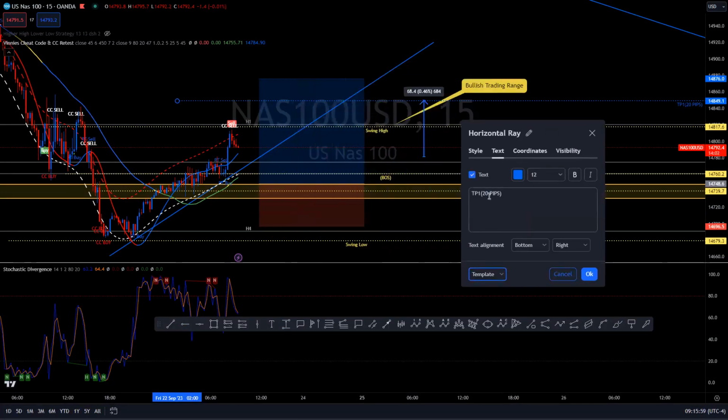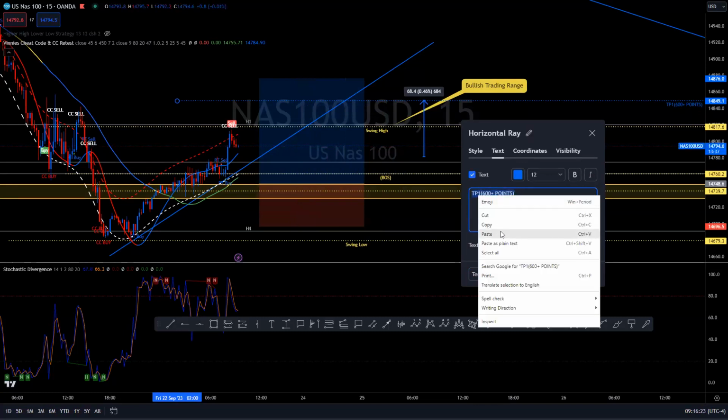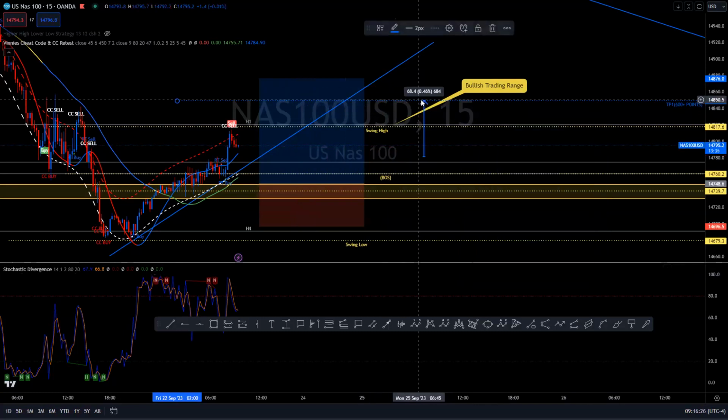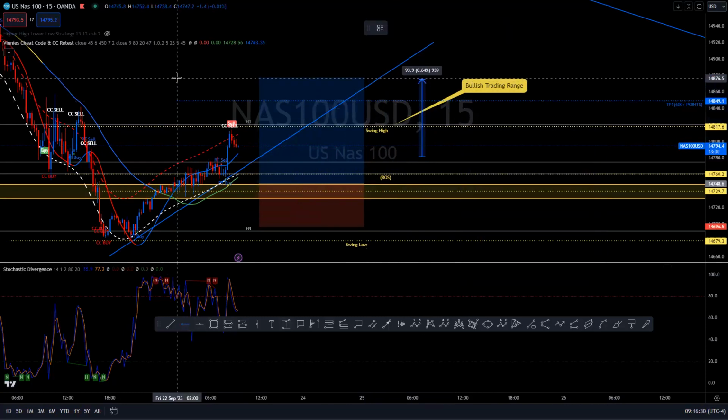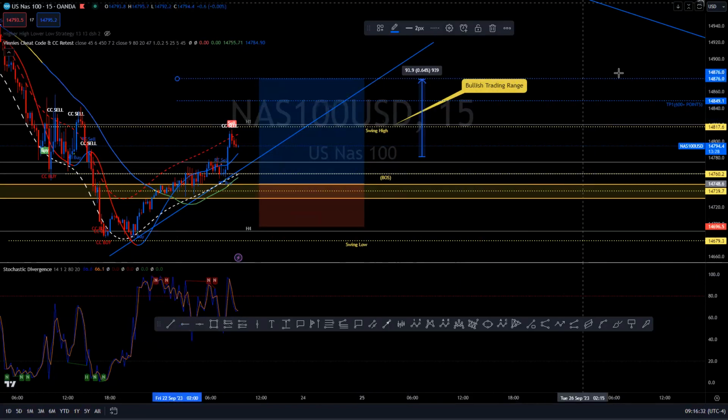But this is about 600 plus pennies. If NAS goes up further, then it gets TP2, 900 plus points.